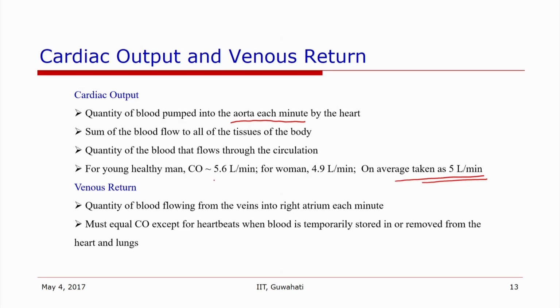In a young healthy man it can be about 5.6 liters per minute, and in a woman about 4.9 liters per minute. So on an average we can take this number as 5 liters per minute.